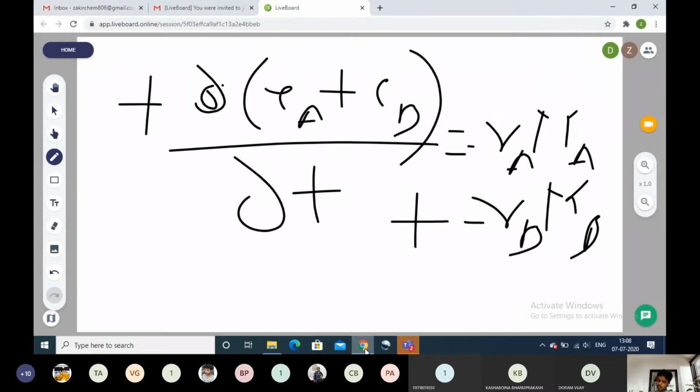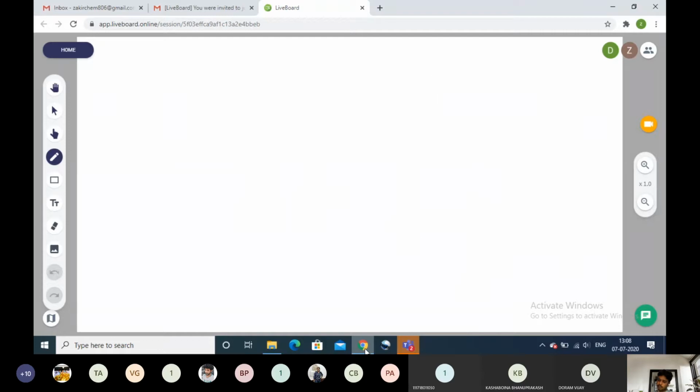If we assume that there is no chemical reaction present in our system, the right hand side will be equal to 0. So we assume there are no reaction terms, and we will consider only the physical terms, which are the mass transfer terms.